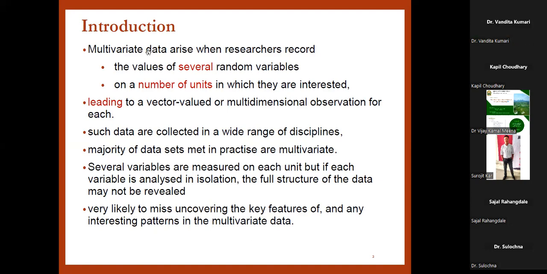In multivariate data analysis, the data is in the form of a vector valued observation or matrix.